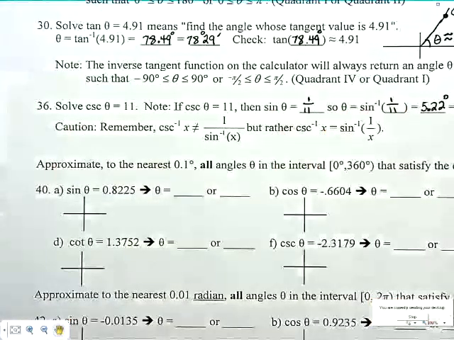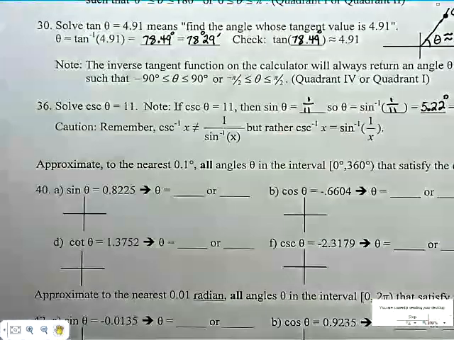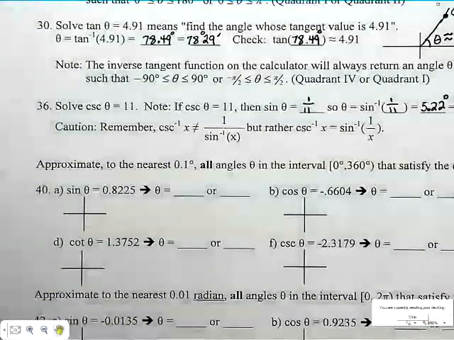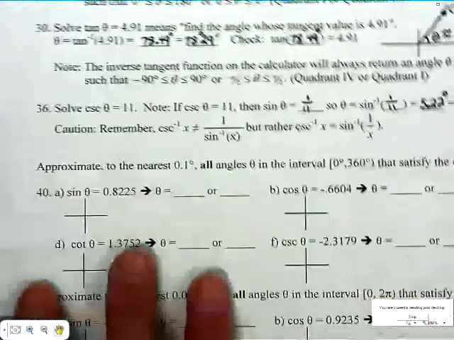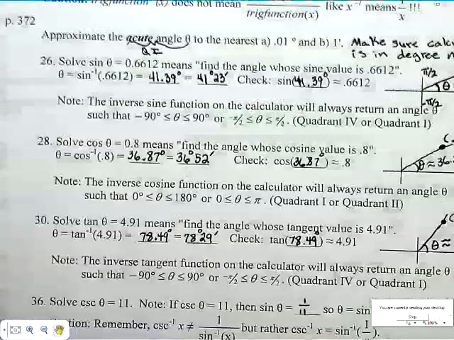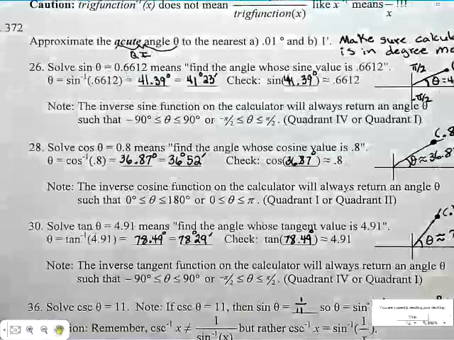Notice the difference in the directions for 26 to 36 and the directions 40 and 42. The directions for 26 through 36 just said find the first quadrant angle. Find the acute angle whose trig function is whatever it's supposed to be.